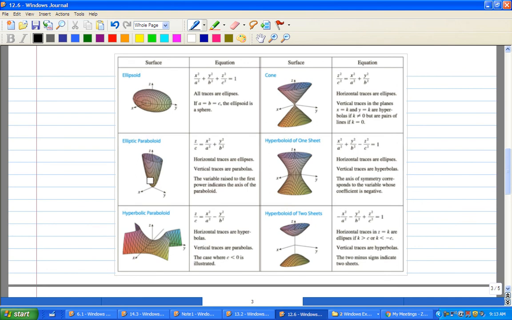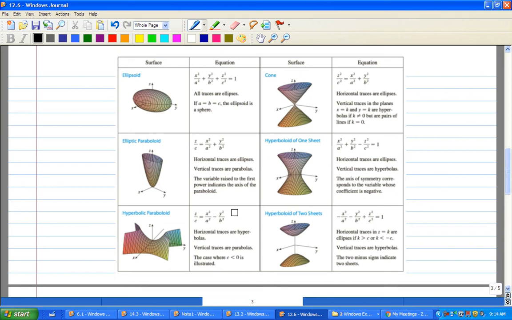Horizontal traces are ellipses. The vertical traces are parabolas. So one way it's a parabola, the other way it's an ellipse. The variable raised to the first power indicates the axis of the paraboloid. In this case, the axis of the paraboloid is z.